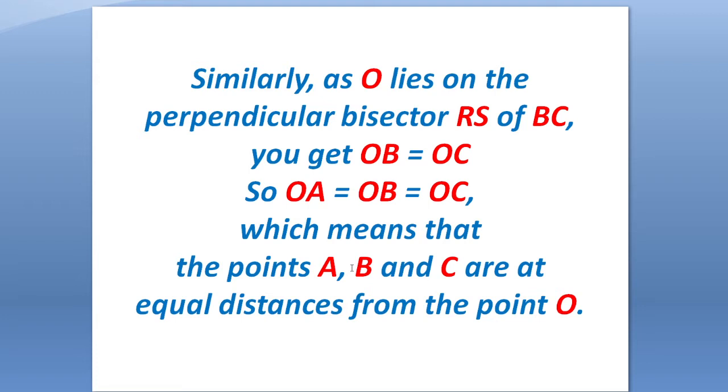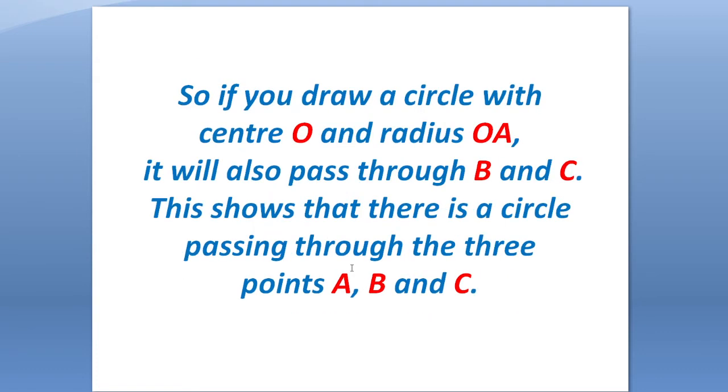That means OA, OB and OC all are equal, which means that the points A, B and C are at equal distance from the point O. So, if you draw a circle with center O and radius OA, it will also pass through B and C, and this shows that there is a circle passing through the 3 points A, B and C which are not collinear.